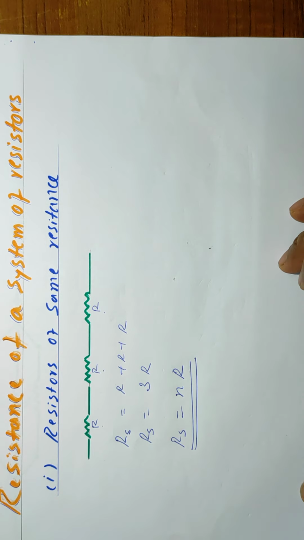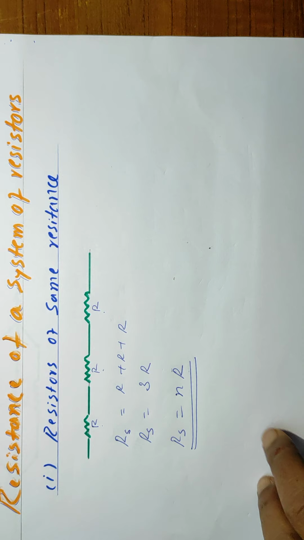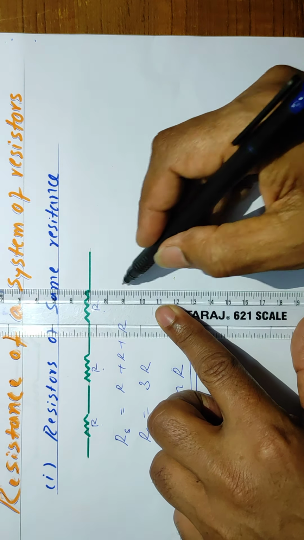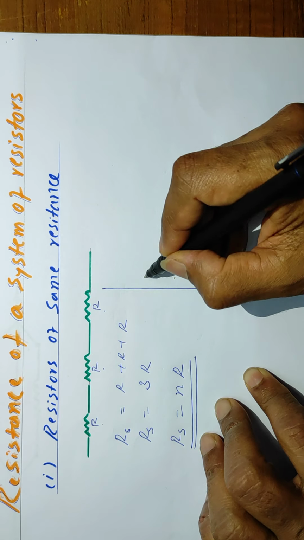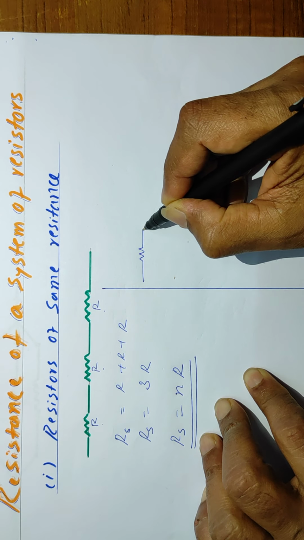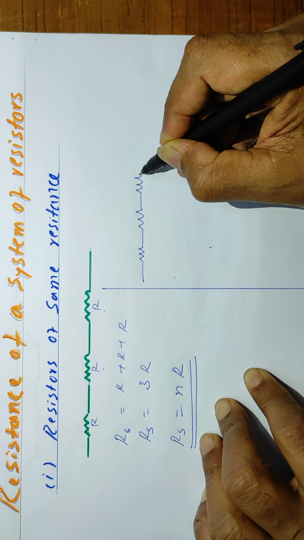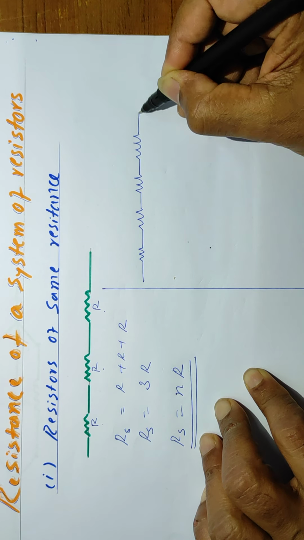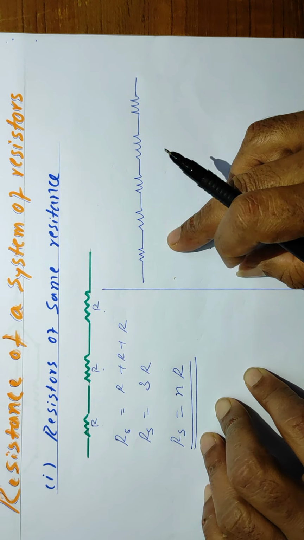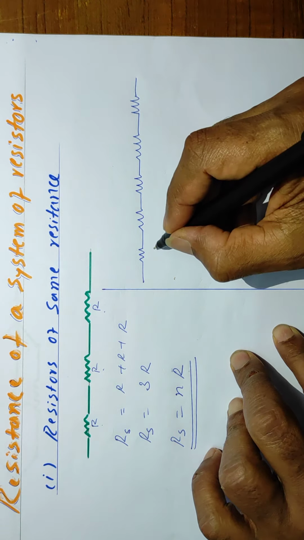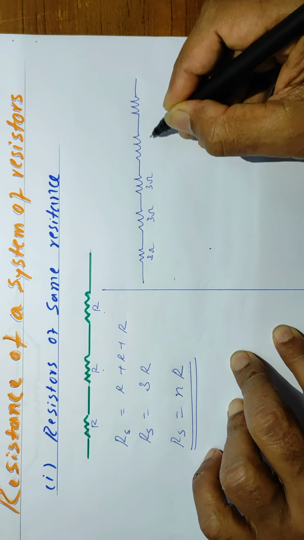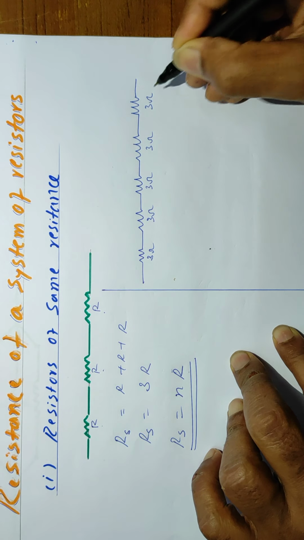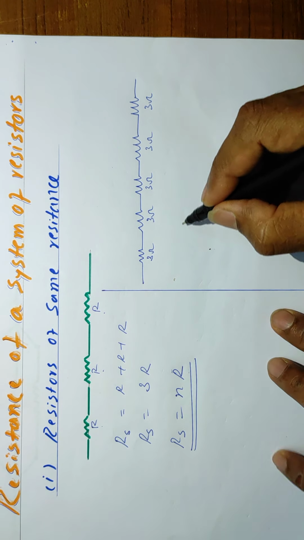For example, if 5 resistors, each of resistance 3 ohm, are connected, see what happens. 1, 2, 3, 4, 5. Here 5 resistors of resistance 3 ohm are connected in series.